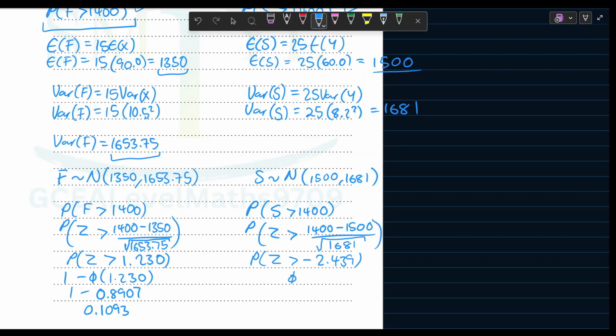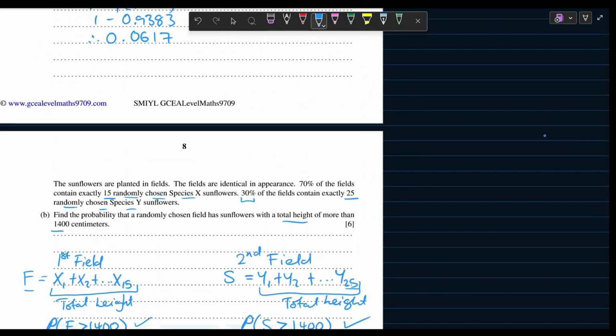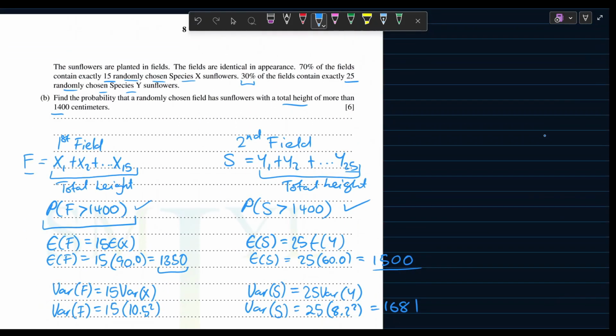So this is just phi of 2.439. So let's read off the value of phi of 2.439 from our normal distribution tables. That's 0.9906. So this is the probability that the total height in the second type of field is greater than 1400.